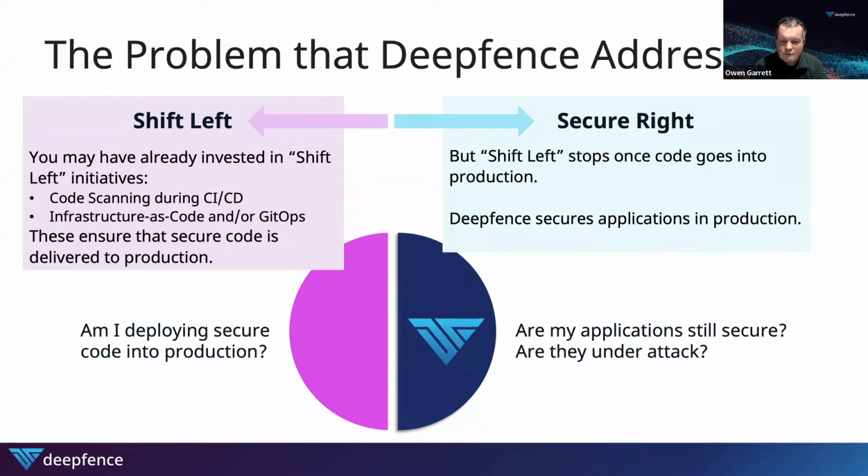Shift-left initiatives that are performed by your dev and DevOps team answer the question, am I deploying secure code into production? But they don't answer the question, is that code still secure? Are the applications still safe? Are they under attack? Where traditional shift-left initiatives stop, that's when Deepfence and Deepfence ThreatMapper pick up.